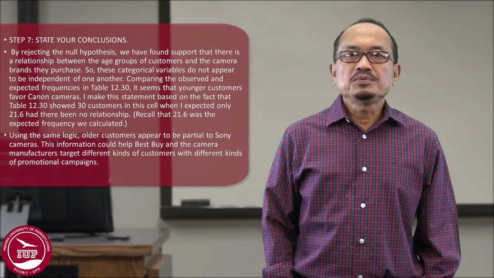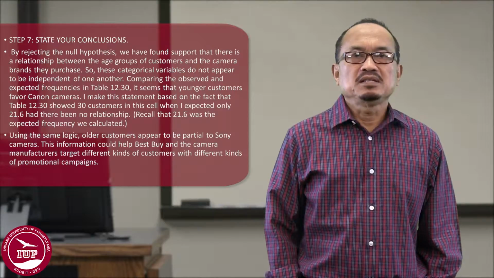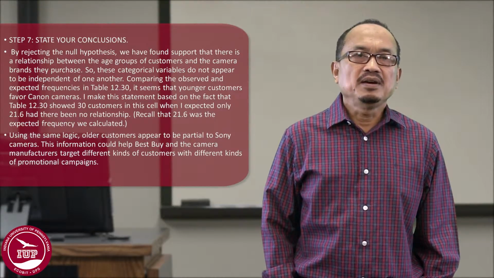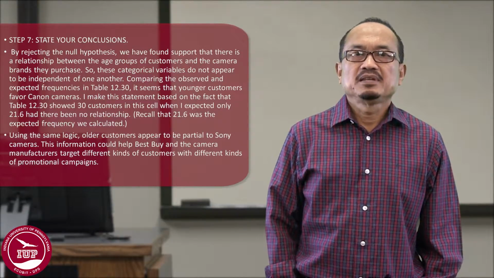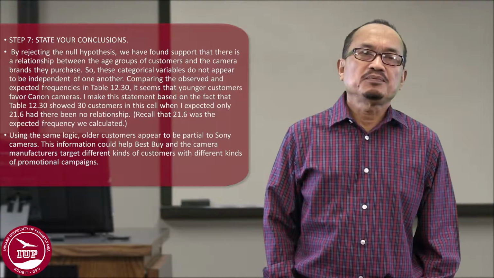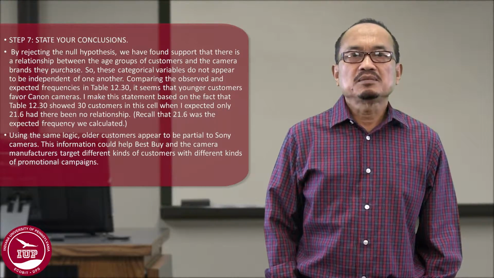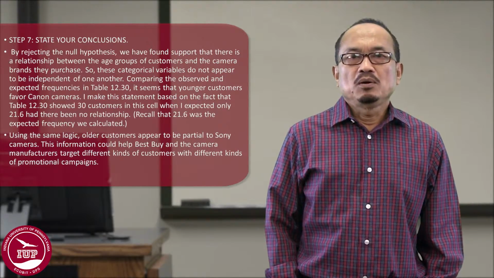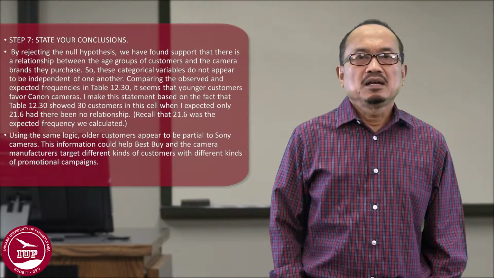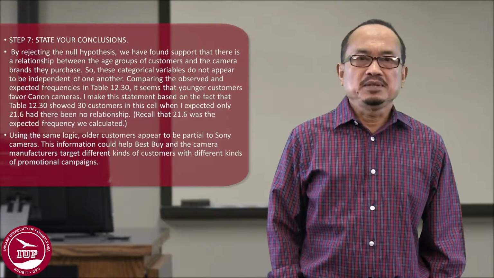Comparing the observed and expected frequencies in Table 12.30, it seems that younger customers favor Canon cameras. We make this statement based on the fact that Table 12.30 shows 30 customers in this cell when we expected only 21.6 had there been no relationship.